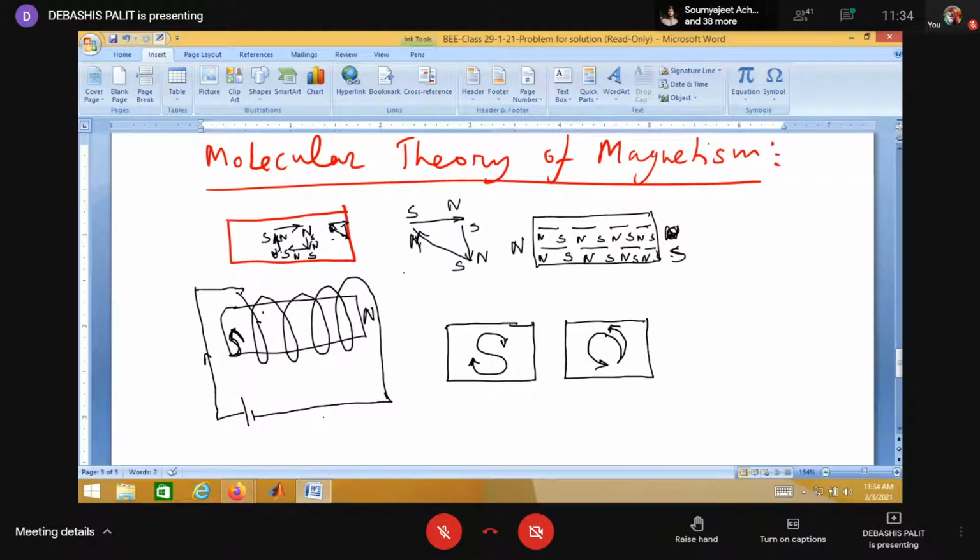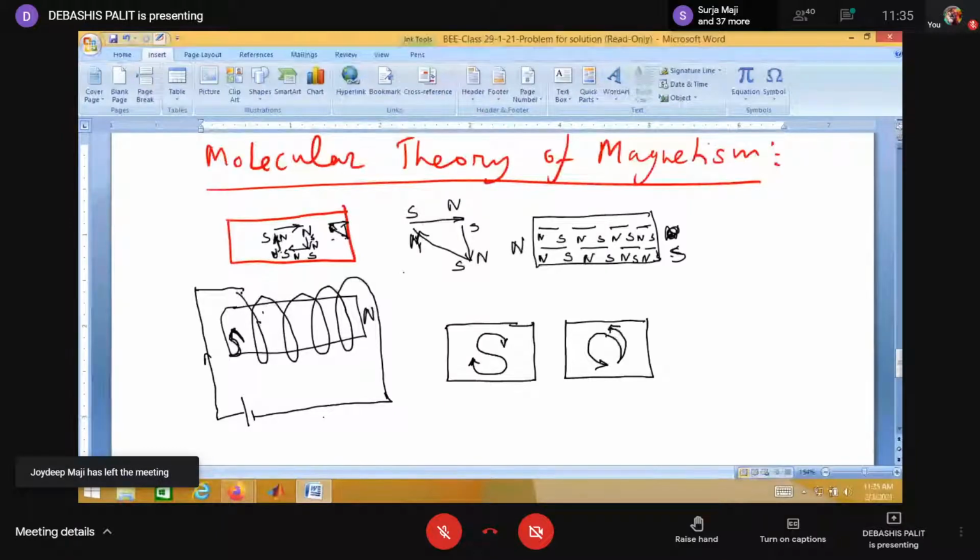Another thing is that this molecular theory of magnetism also explains that if I create a vibration in a magnet, then this parallel orientation can be destroyed, and then a magnet can be demagnetized.